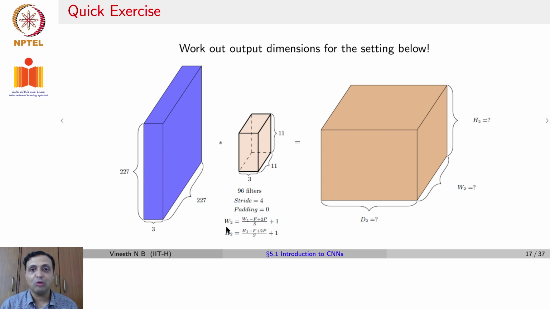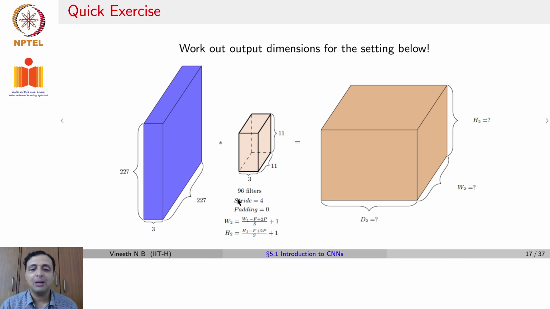We already know that the formula is W2 is equal to (W1 minus F plus 2P) by S plus 1, and similarly for H2. Can we now find out what D2, W2 and H2 are? Let's start with the simplest one. What is D2?